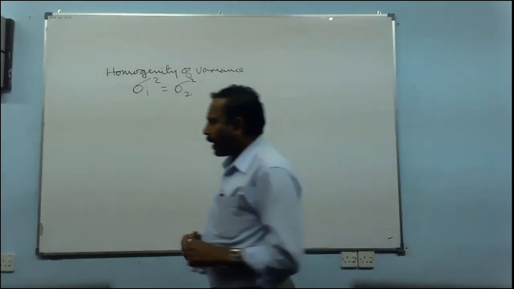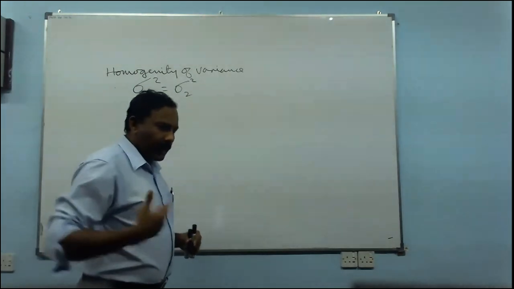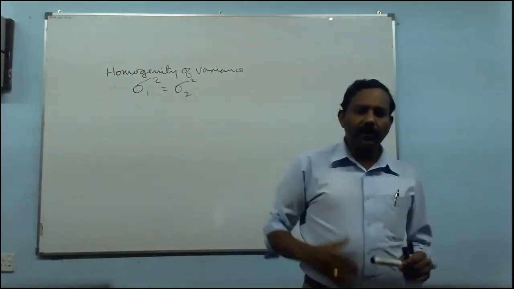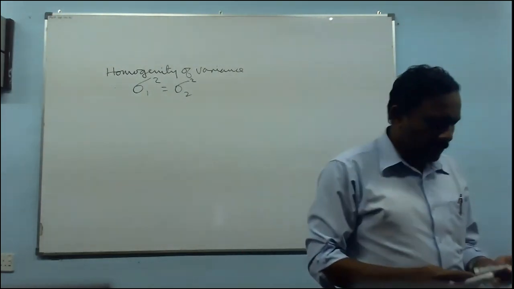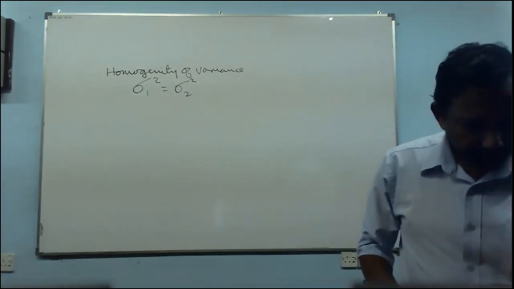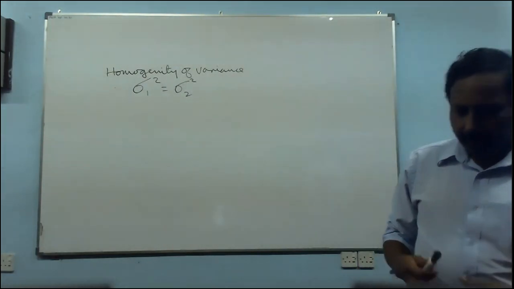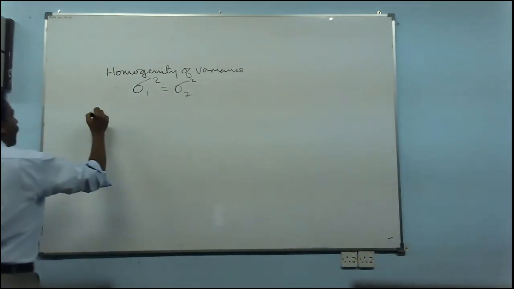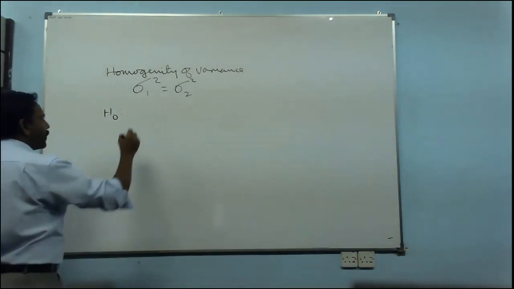Now we are going to look at how to do the test. Again, when you talk about a test, it is comprised of all these 4 steps. Don't forget that. What are those 4 steps? Formulation of hypothesis. So what is my null and alternative hypothesis?